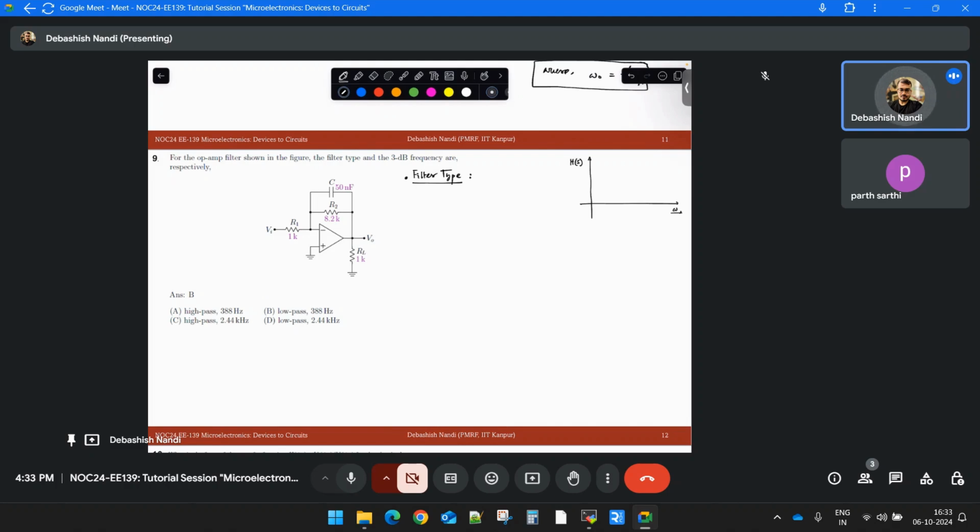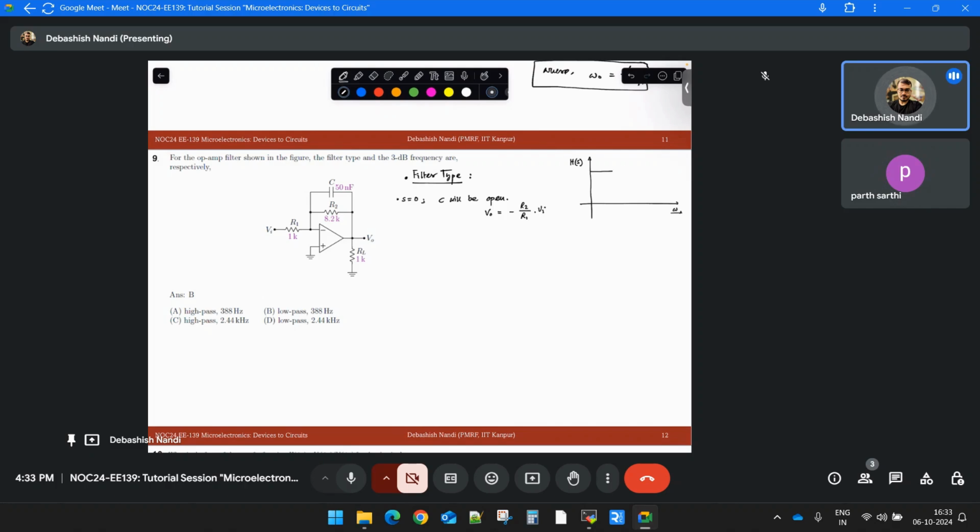At zero frequency, s equal to zero, your C will be open or short? Open. So your output will be an inverting amplifier, R2 by R1 times Vin, right? Yes, sir. So it will have a certain value.